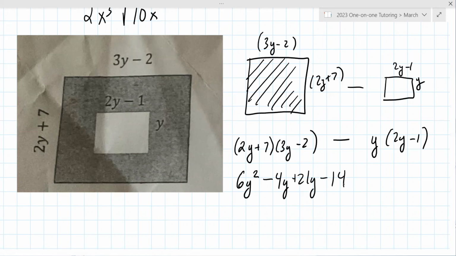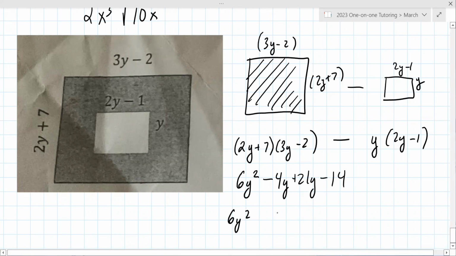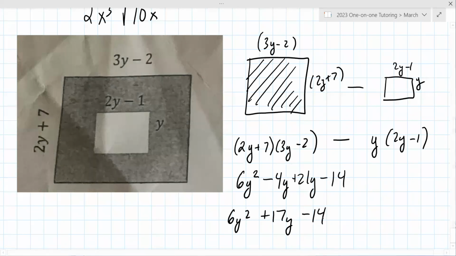Okay, I see now. So we got 6y squared plus 17y minus 14. Yeah, I got it now.